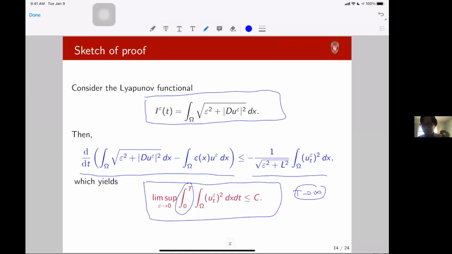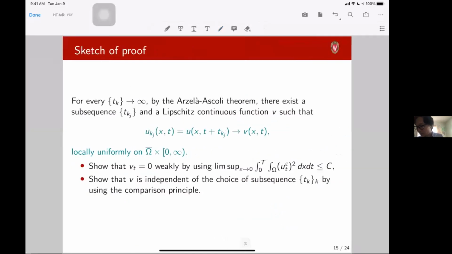What it means is that, roughly speaking, u epsilon t should go to 0 as t goes to infinity. That gives us certain stability, and then we can use stability results in viscosity solutions to obtain the desired result. I just sketch it here.